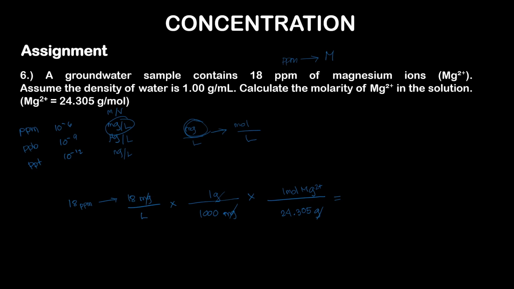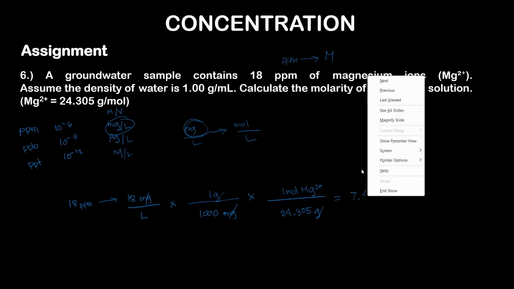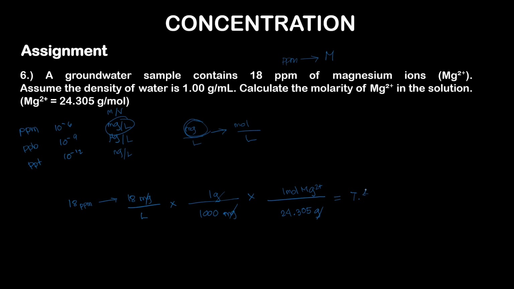So 18 times 1 over 1000 times 1 over 24.305. This is very small. 7.41 times 10 to the negative 4 molar.